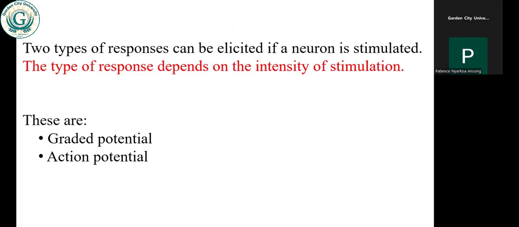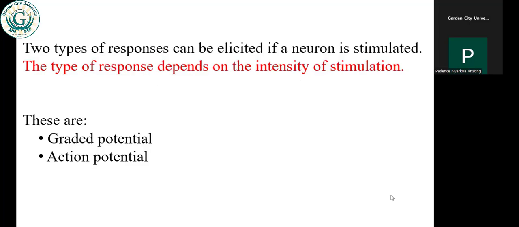We have two types of responses that can be elicited if a neuron is stimulated. Now we are moving away from the resting state. Whenever the neuron detects a signal, a change, the state of the neuron moves from its resting state to either a graded or an action potential. The type of response will depend on the intensity of stimulation. Very, very important.